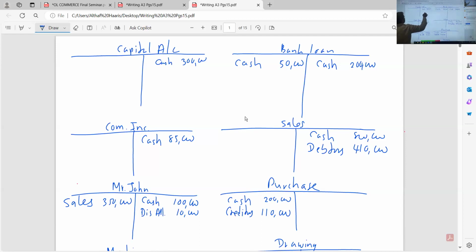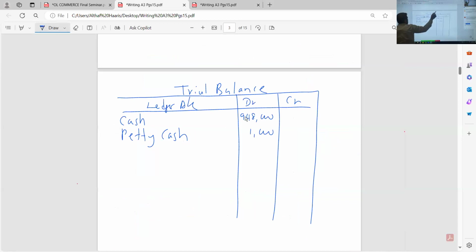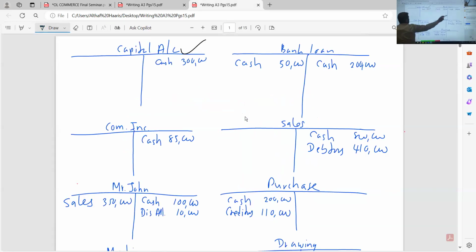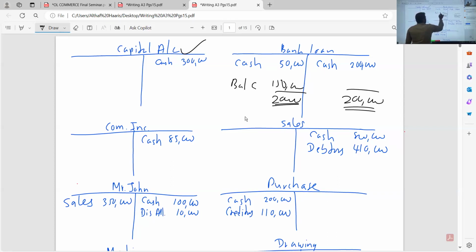Capital 300,000, credit. Next one, bank loan. Balance sheet, people. Bank loan 200,000, so here the balance carried down and balance brought forward is 150,000.